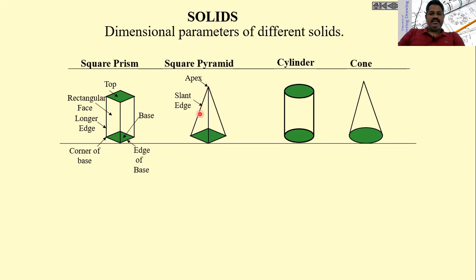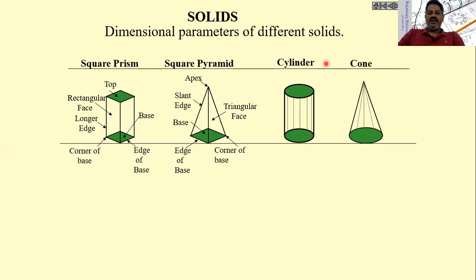The slant edge we will come across in the case of the square pyramid, or pyramids. Then you can see the base, the base edge, the base corner, and then we have the triangular face.